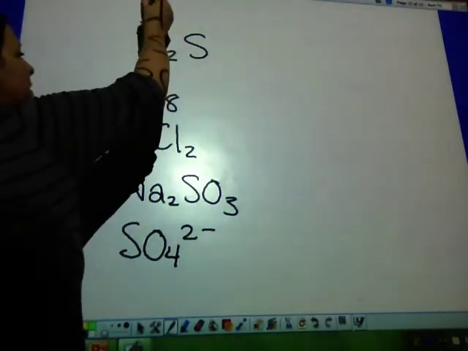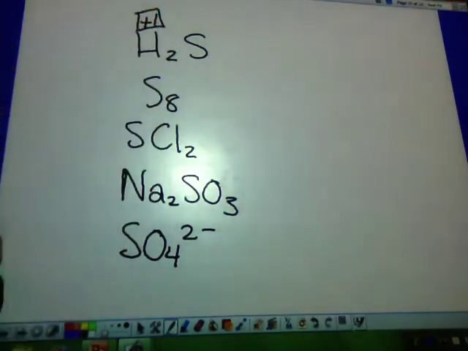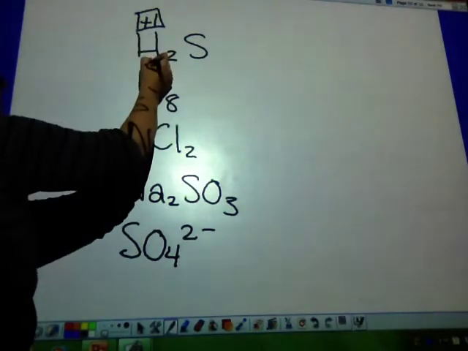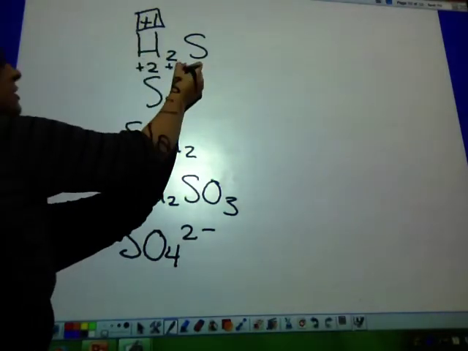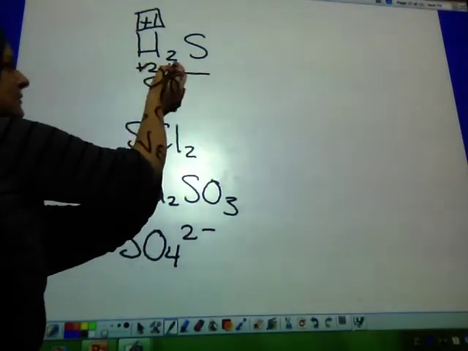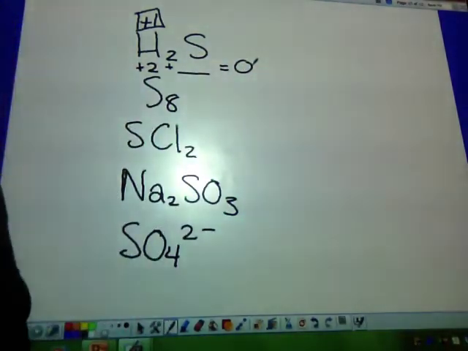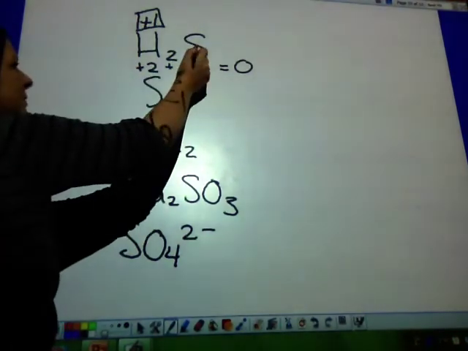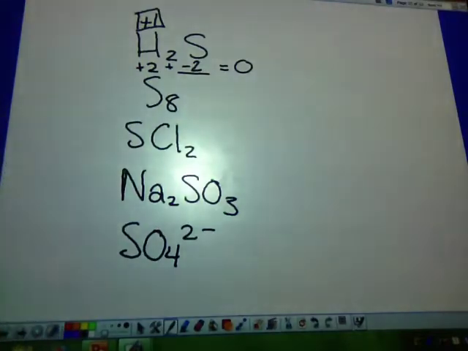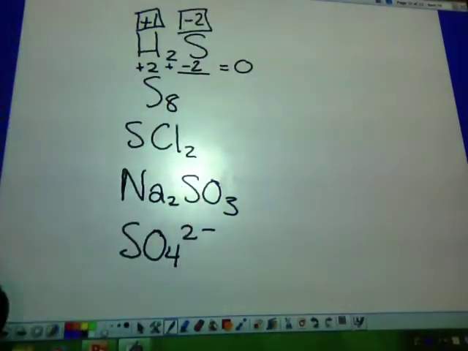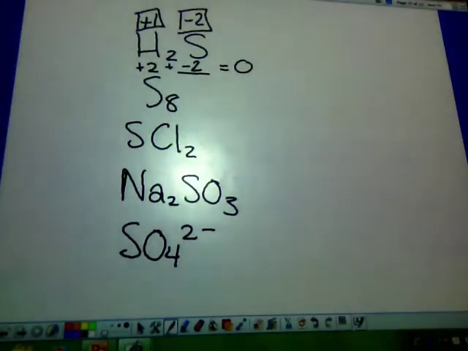So hydrogen is +1. Well, I have 2 of them, so +2. The oxidation state of sulfur plus +2 has to give me 0, because this is a neutral compound. So sulfur must have an oxidation state of -2. So I have +1 for hydrogen and -2 for sulfur.